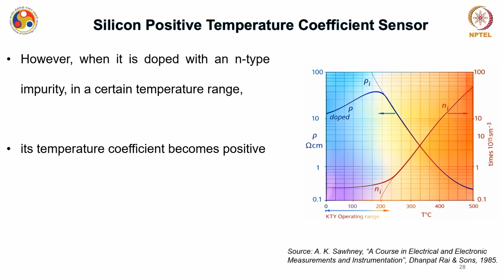However, you can vary that by changing the doping concentration. When it is doped with an n-type impurity, in a certain temperature range its temperature coefficient becomes positive, as you can see on the graph also. This is the result of the fall in charge carrier mobility at lower temperature.